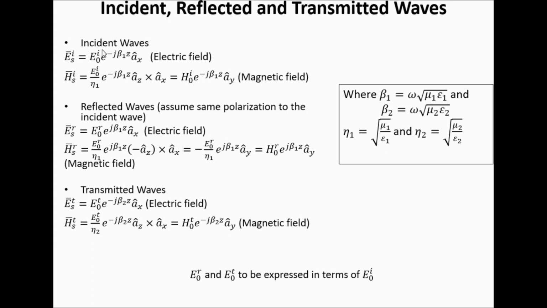So there is a relation between E0I and E0R and E0T. We need to find out the relation between E0R and E0I, and E0T and E0I. So we will be finding the expressions for the relationship between the incident and reflected wave, and the incident and transmitted wave.